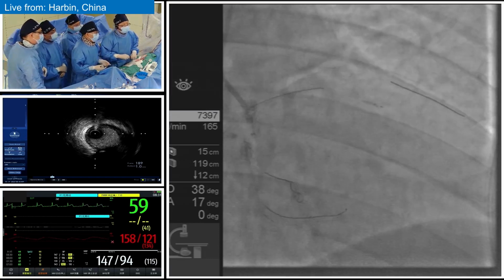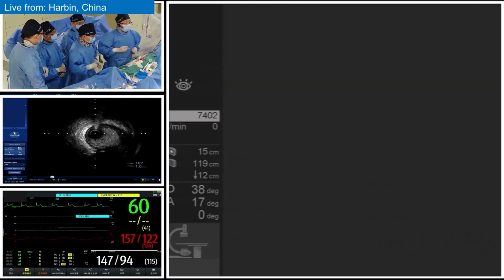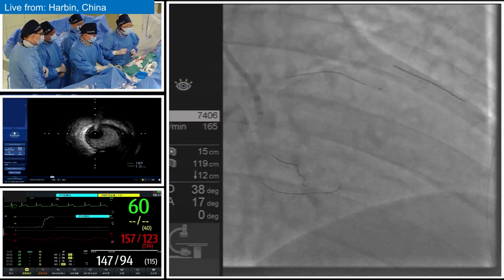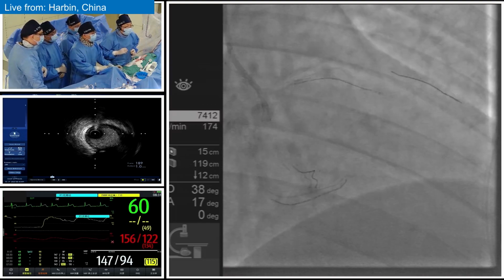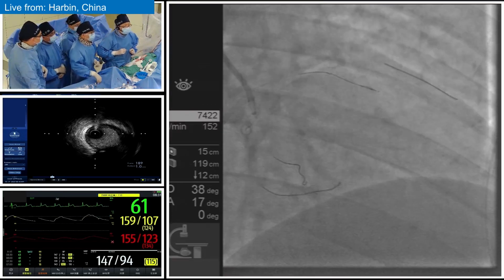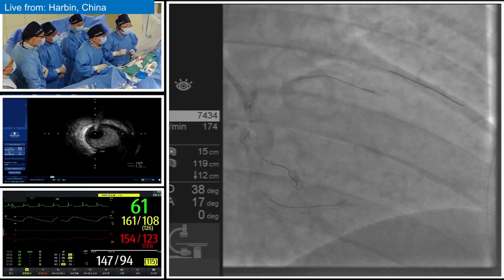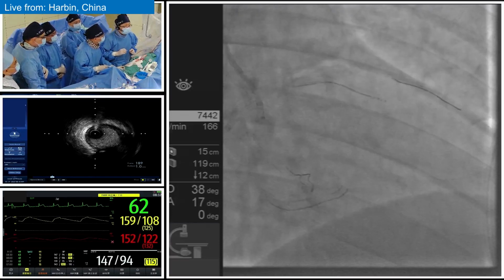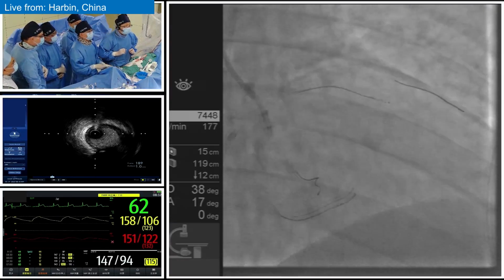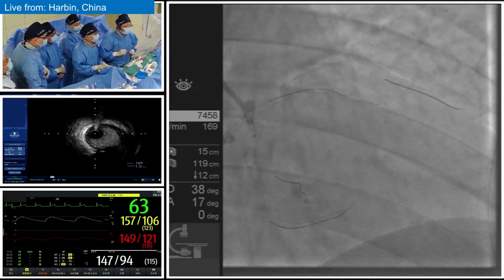For the antegrade Stingray ADR technique, I think the curve of the antegrade puncture wire is relatively important. From my experience, a relatively small curve, for example a 1 to 1.5 millimeter length and a 30 to 45 degree curve of the distal bend, is preferred for the CTO segment.